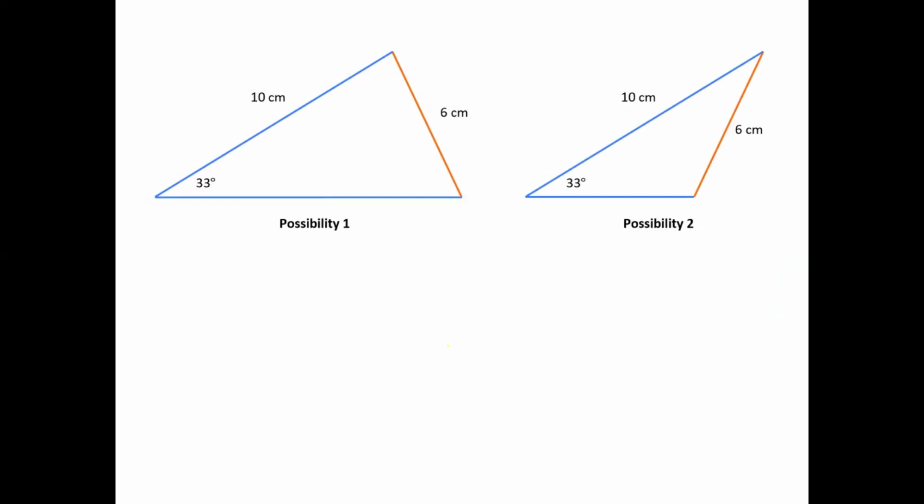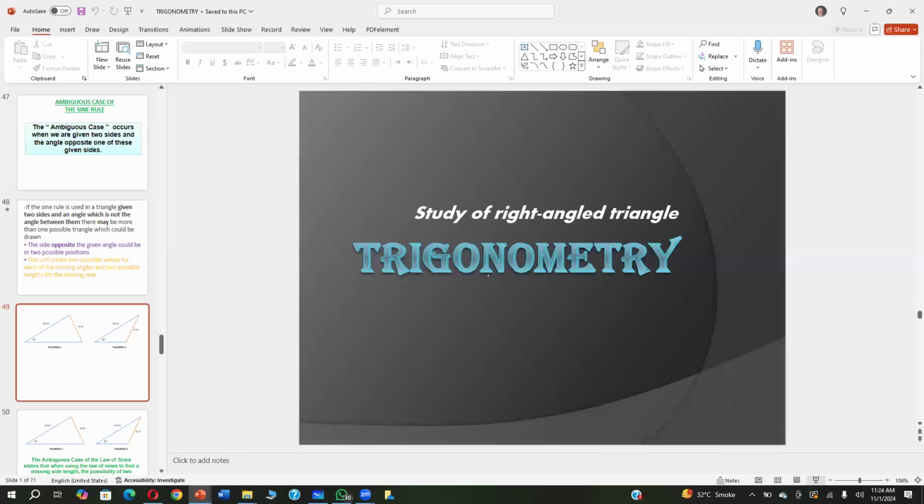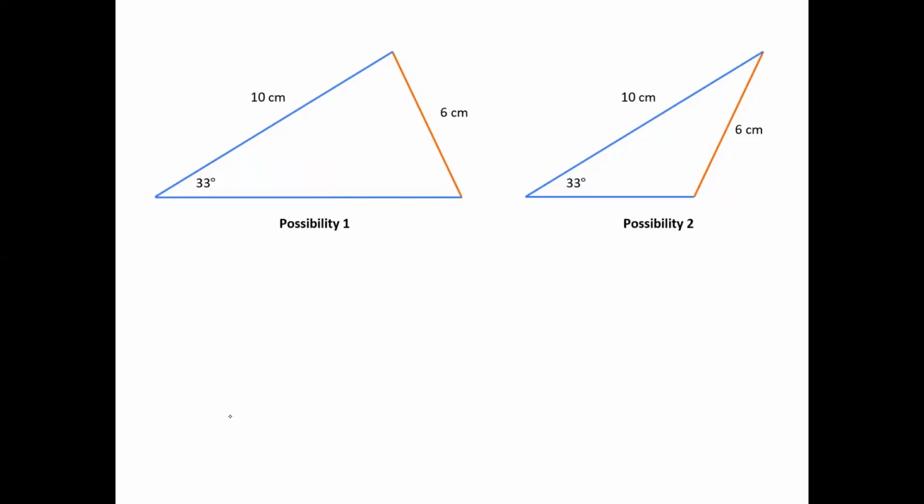In this type of situation there are two possibilities. One angle is 33. Look at the other option: the angle is 33, but the other angle will change. Now, this is called the ambiguous case. You have to memorize the ambiguous case for the exam. The angle we get is 180 degrees different.